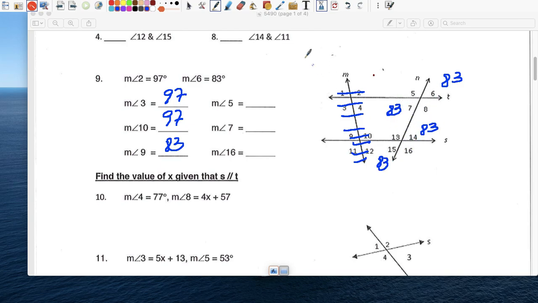So those two are also 83. Well, we know that 180 minus 83 is 97, so that makes this 97, this 97, this 97, and this 97. Angle 5 is 97, angle 7 is 83, and angle 16 is 97. Okay.